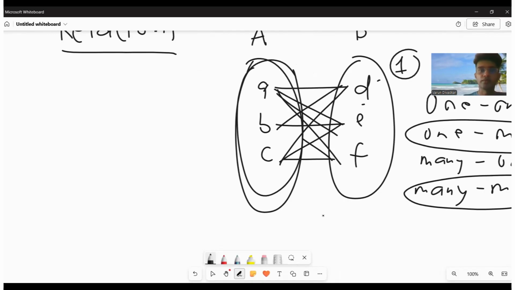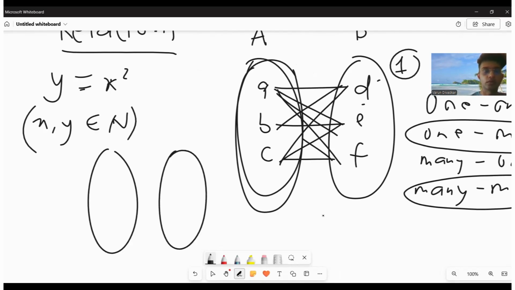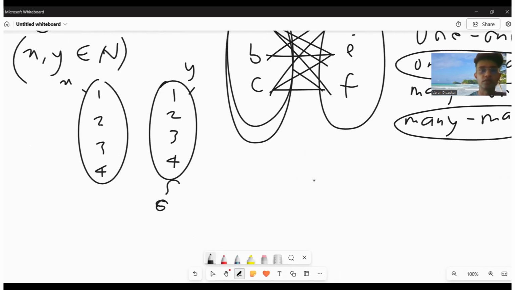Let's take, for example, the function y equals x squared, where x and y both belong to natural numbers. This is your x and this is your y. So x can be 1, 2, 3, 4 to infinity. Practically, y could be any of 1, 2, 3, 4, 5, 6, but since y equals x squared, y can only be a perfect square here.